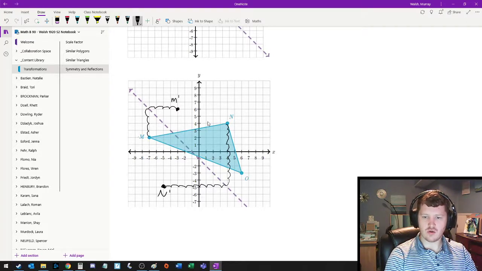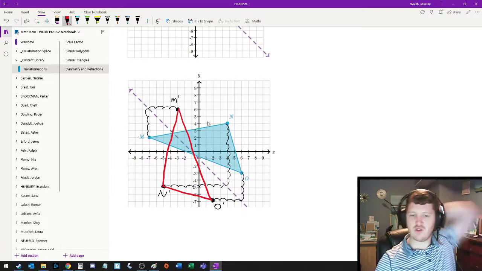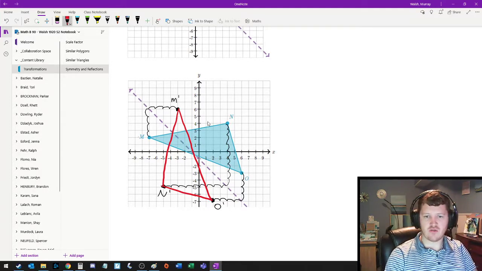And O, 1, 2, 3, 4, 1, 2, 3, 4. O prime. And if we draw in our new shape, now we can just connect the dots. So this is a case where we have a shape that has now been reflected.